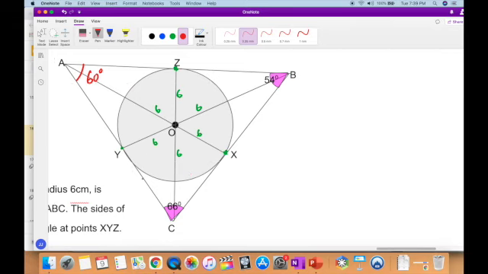By the way, the theorem to get 60 degrees is that angles inside a triangle equal 180.